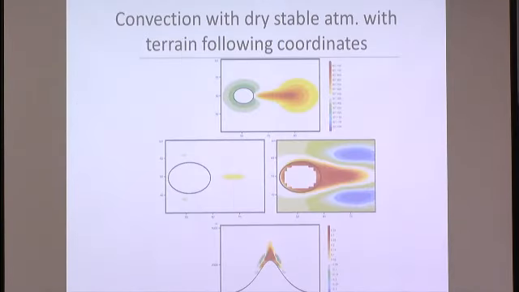So this is how it works in the real atmosphere. These are idealized cases. This is a 2,000 meter high mountain, and it goes here and has a circulation. This is temperature. And this is with the terrain following. It gives this feature, and you get something totally different.